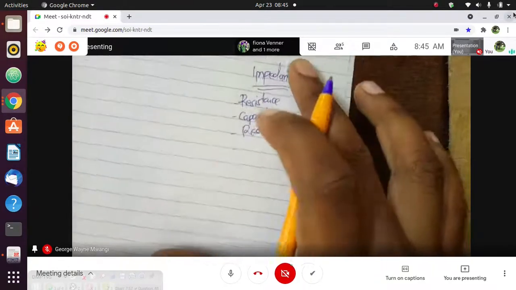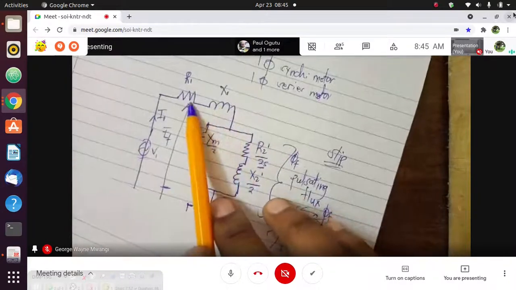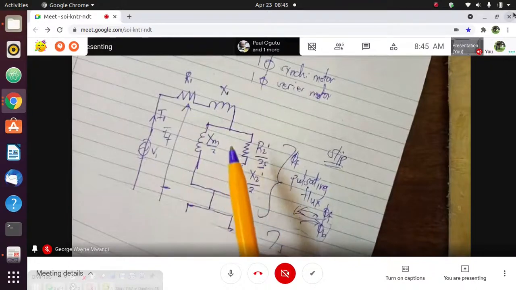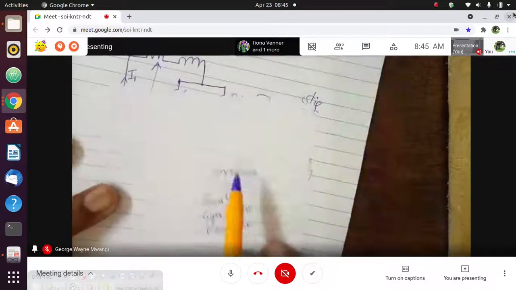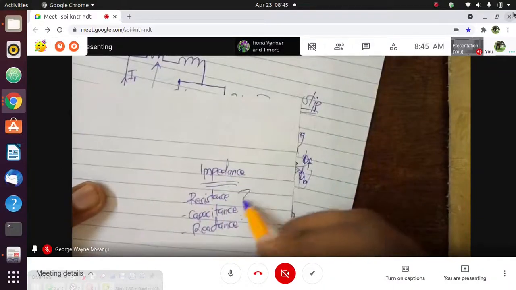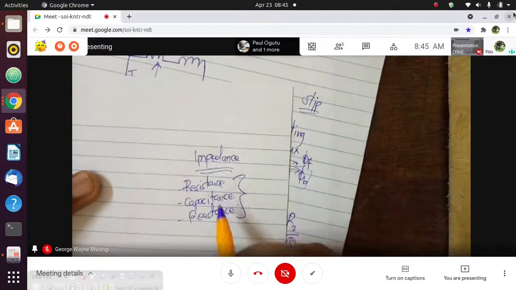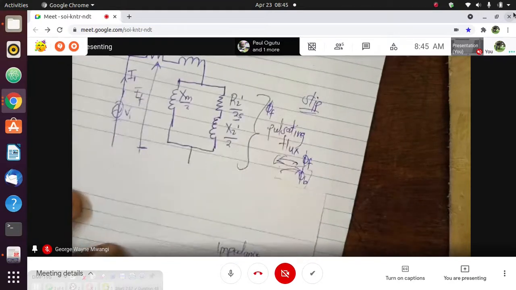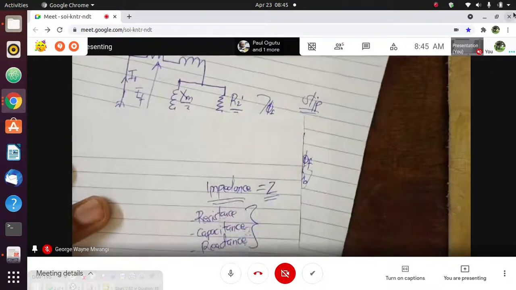When you have a circuit with an inductor and a resistor, and sometimes a capacitor, and you are told to find the total resistance in that circuit, we don't call it resistance, we call it impedance. Impedance is the collective ohmic resistance due to the resistor and the reactances, capacitive reactance and inductive reactance. This impedance is usually denoted by Z.